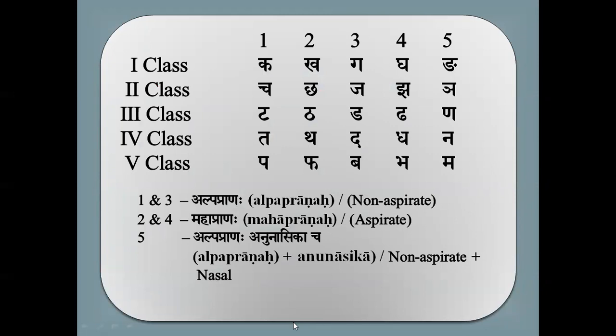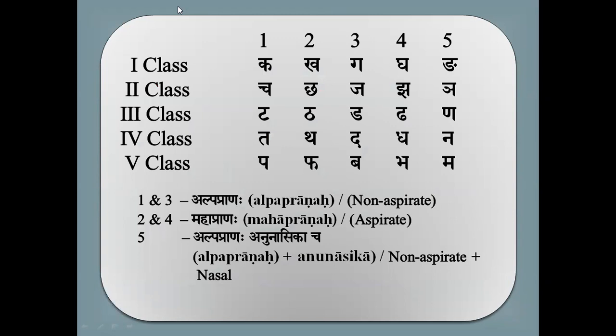Aspirate is that when you utter that particular letter, you breathe out more air. In English, they use the word aspirate, but we are comfortable with the Sanskrit word prana. So alpa prana is a little amount of air expelled when that consonant is pronounced.